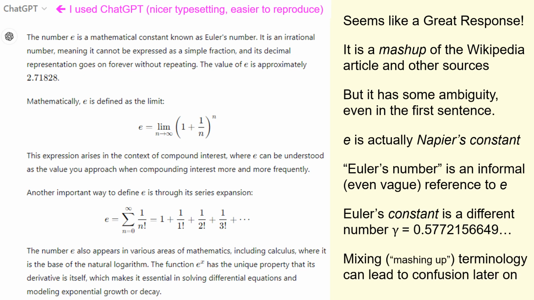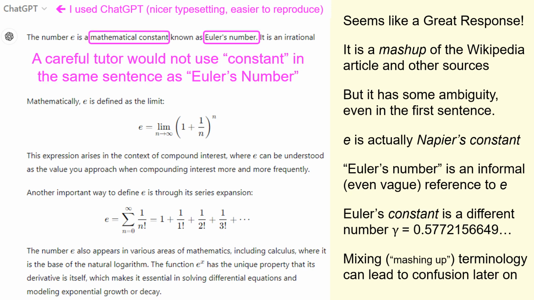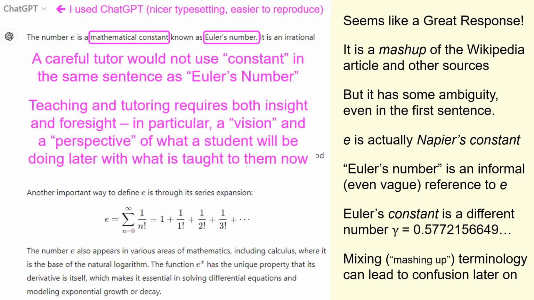And so mashing up the articles produces some terminology that could lead to some confusion later on. See, a careful tutor would not use constant in the same sentence as Euler's number. So E is a mathematical constant known as Napier's constant. Euler's number is a vague reference.